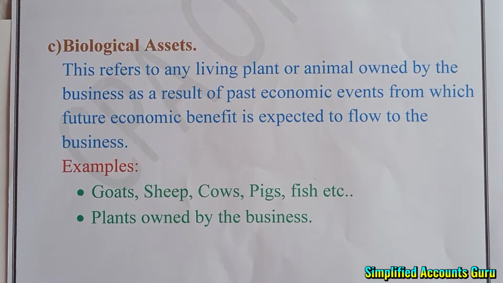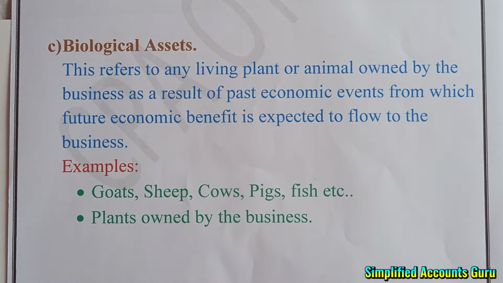Why am I saying that those were assets to Laban? Number one, we know that economic benefit was expected from the two ladies. How? When the dowry income comes to the father, that is an economic benefit. The two ladies were owned and controlled by Laban as a result of past events, and economic benefit was expected from them by the father.